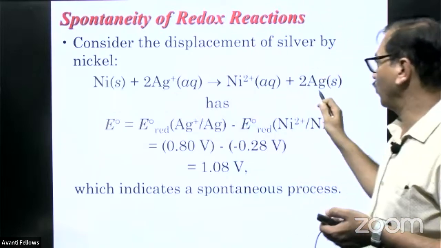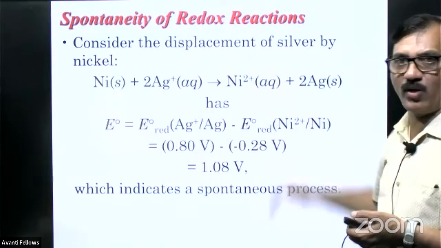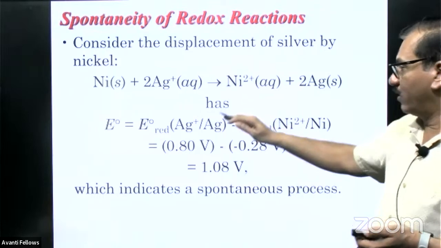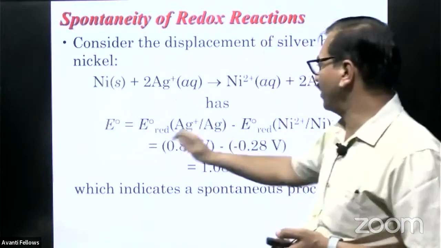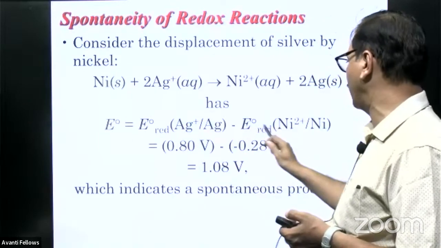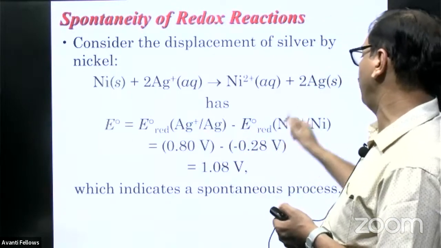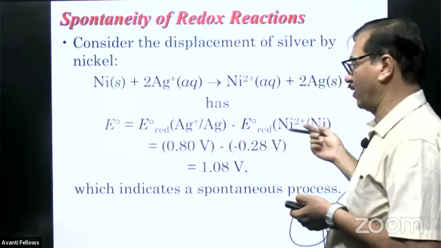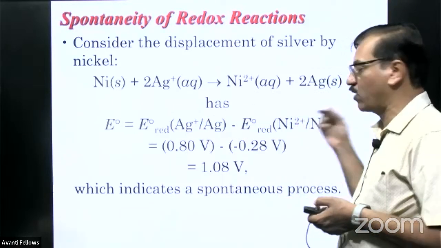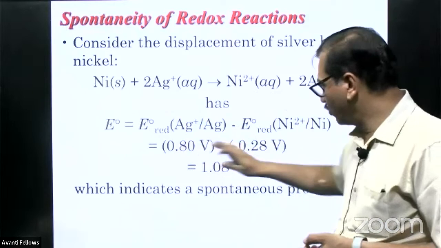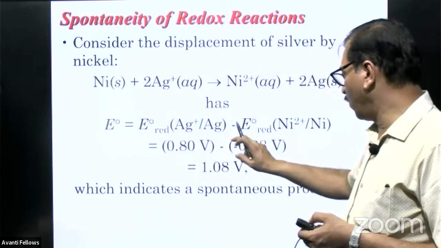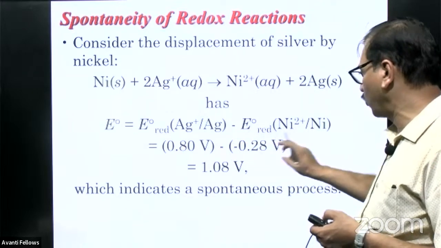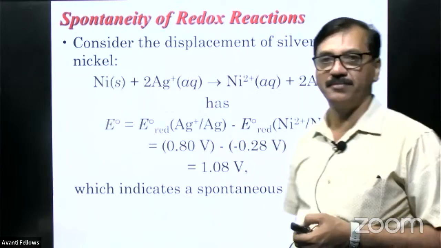We want to test whether this reaction is occurring. For that, we calculate the E0 value. E0 cell is E0 reduction potential of the cathodic half cell minus that of the anodic half cell. These values are known from the table: 0.80 minus (minus 0.28). This is positive.